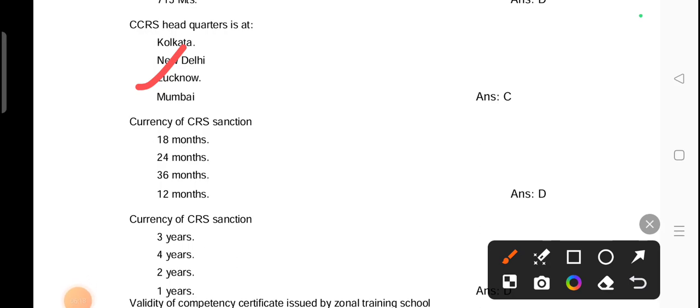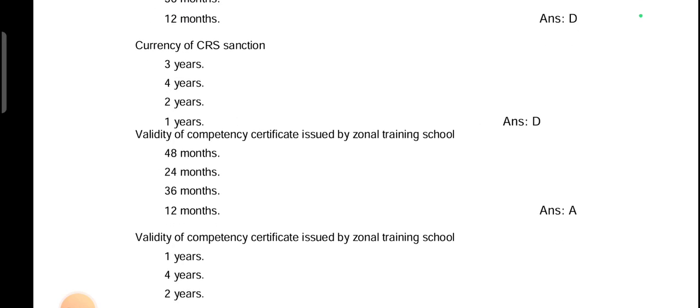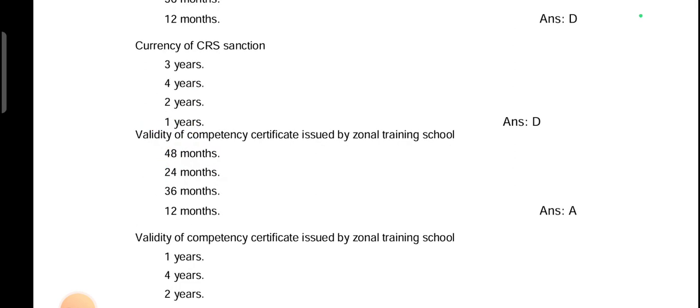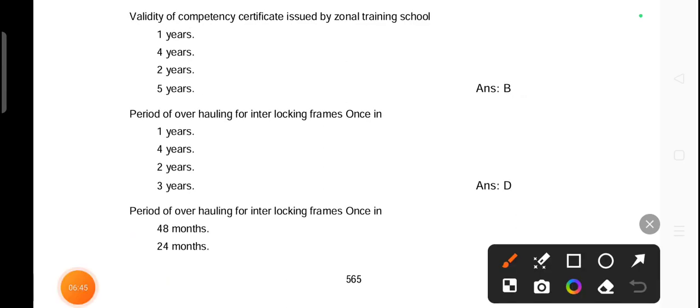Next, currency of CRS sanction is 12 months, that is, 1 year. Next, validity of competency certificate issued by zonal training school: 48 months or 4 years.